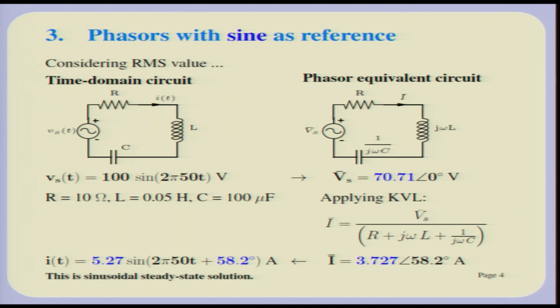So for example, here the phasor is defined as 70.71 angle 0, and when you apply this phasor analysis, the current is also going to be in RMS, and because it is in RMS, when you actually try to take out the time domain waveforms, you should convert that RMS value to the peak value when you apply that amplitude value to the sine wave. So finally, the answer is of course the same in the time domain. This is only a matter of convention. Okay, but you should be aware of that.